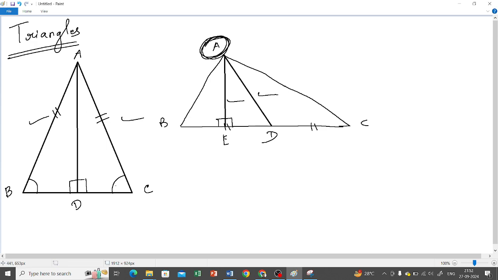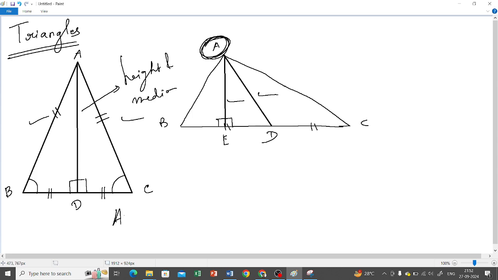But in case of an isosceles triangle, the median and altitude are the same. So that means BD is equal to DC, and AD is perpendicular to BC. Why? Because this is both height and median.